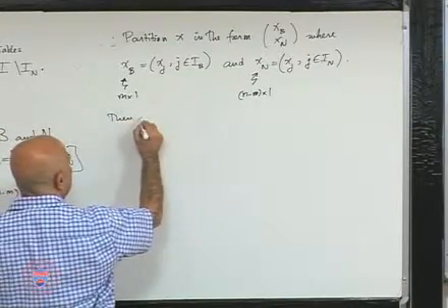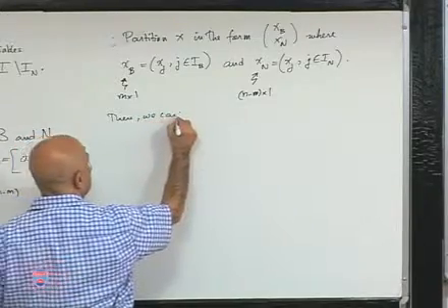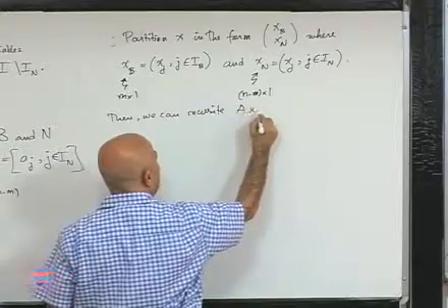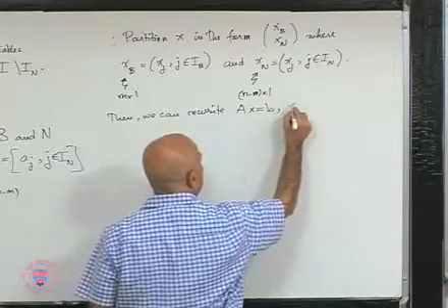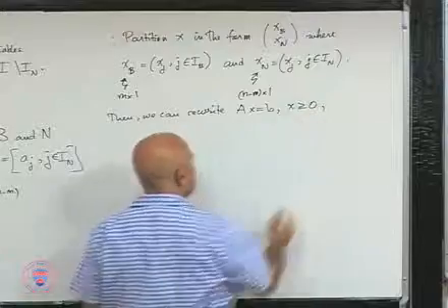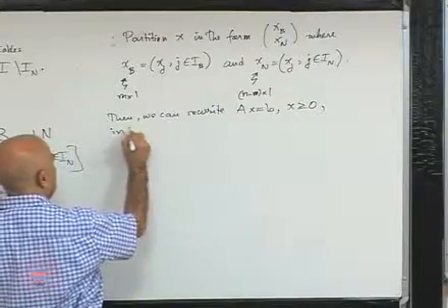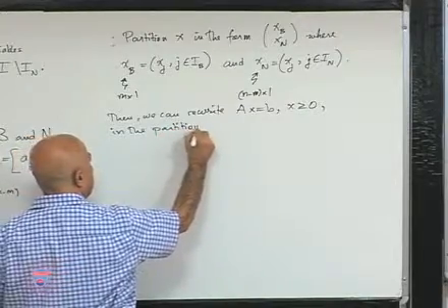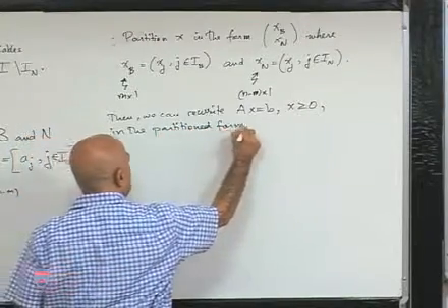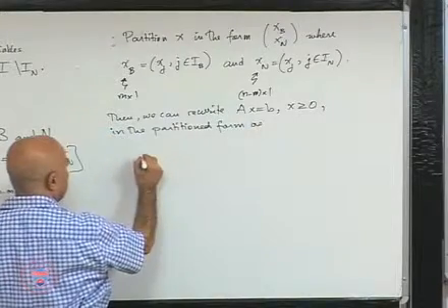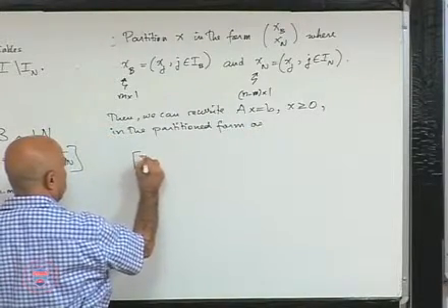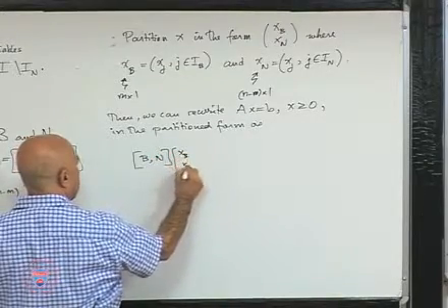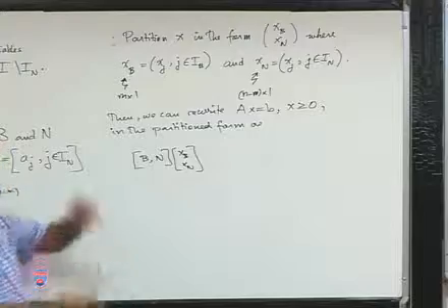Then we can rewrite the system Ax equals b and x greater than or equal to 0 in the partition form as the following. You simply take the partition B, N and x sub B, x sub N, so x is a column vector.